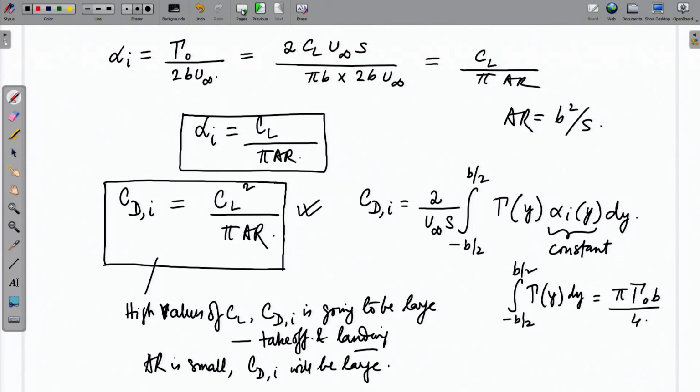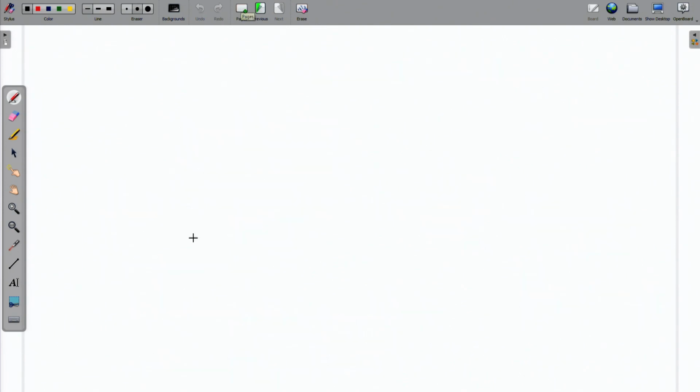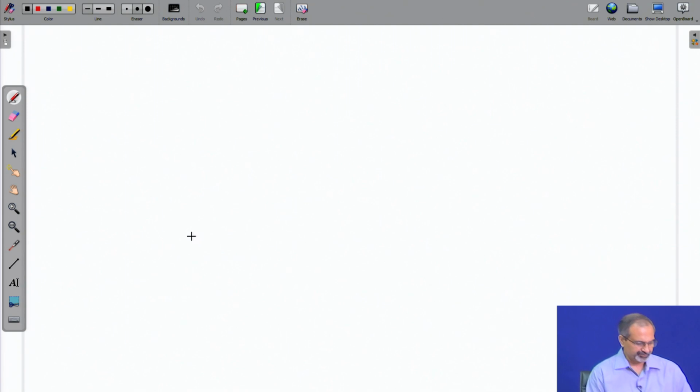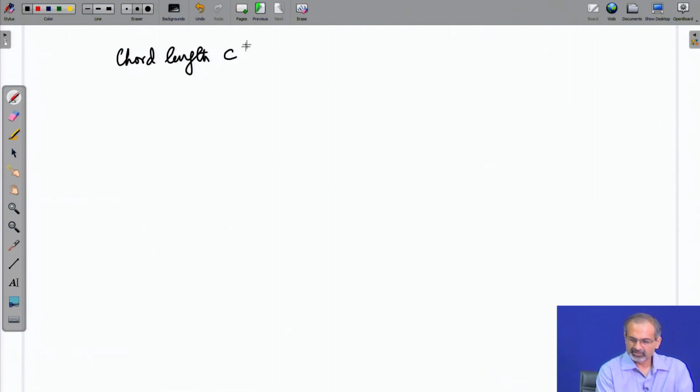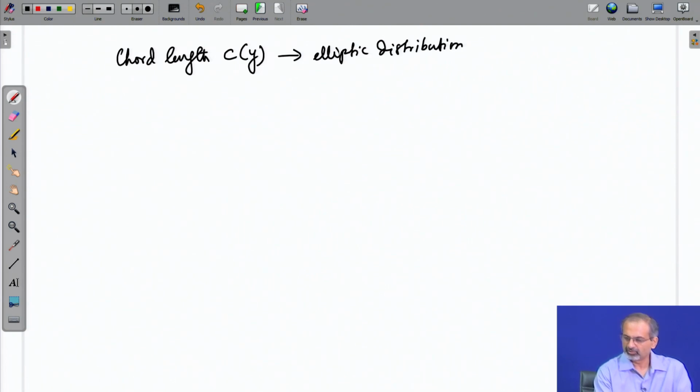Again, with the elliptic distribution of lift, we can also show that the chord length c y has an elliptic distribution. So, this is again something that you can explore on your own and try to work it out at home.